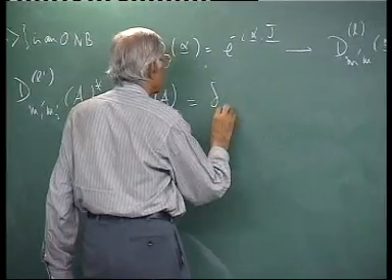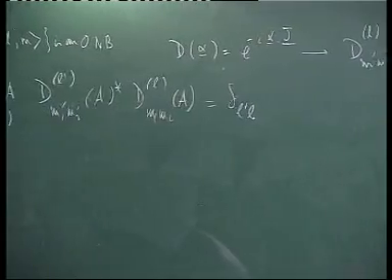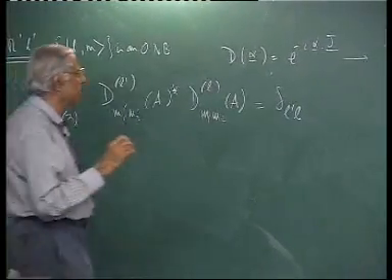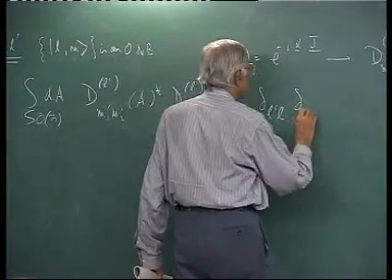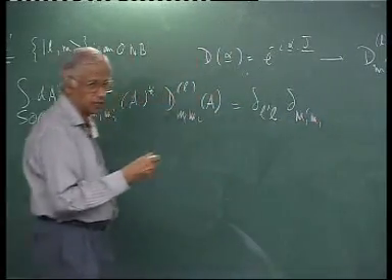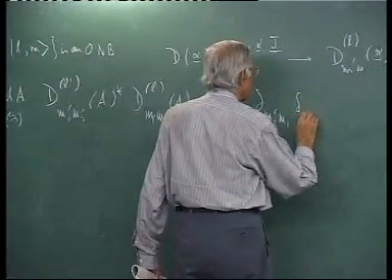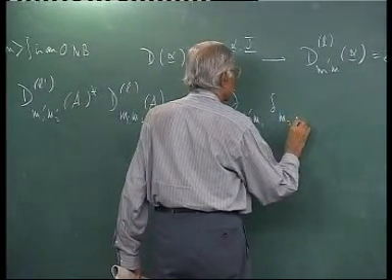This thing will be 0 if the two representations are not equivalent, if they are not the same. Even if they are the same, it will vanish if the rows are not chosen to be the same, or the columns, and it will vanish whichever.